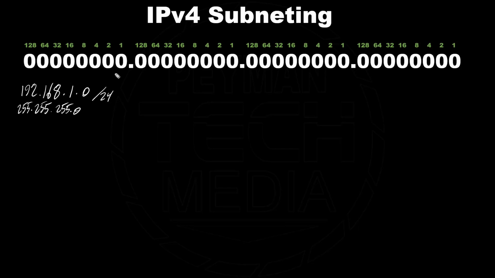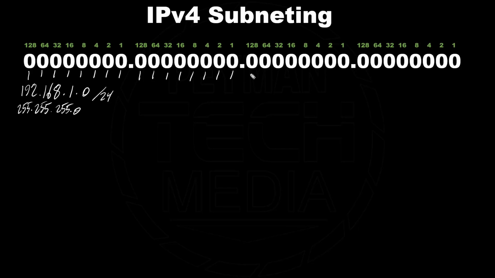Okay, so the default subnet mask here, class C, 255.255.255.0, means the first octet is all turned on for the network bits. The second octet is also turned on for the network bits. And again, 1s represent the network bits, 0s represent the host bits, and 1 means on, 0 means off in the binary number system.